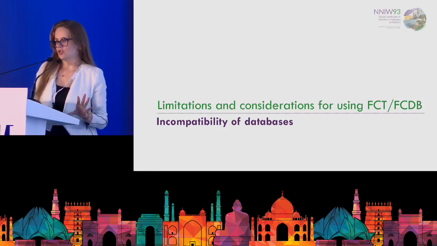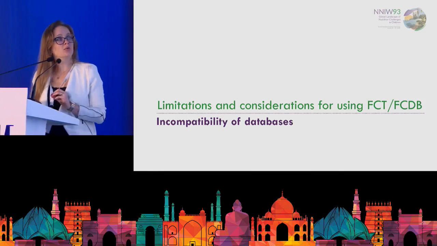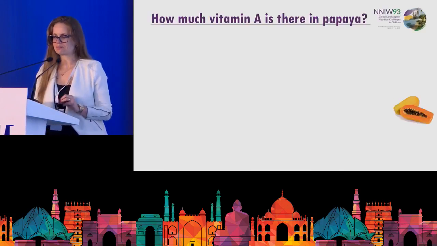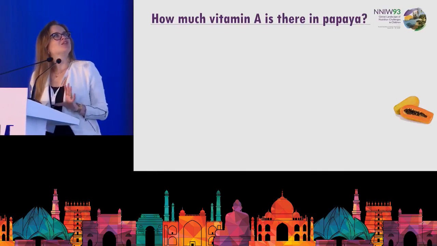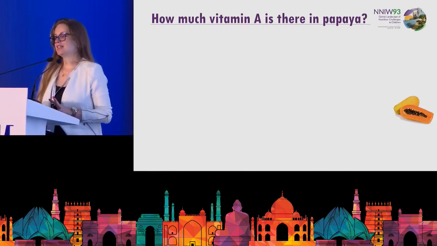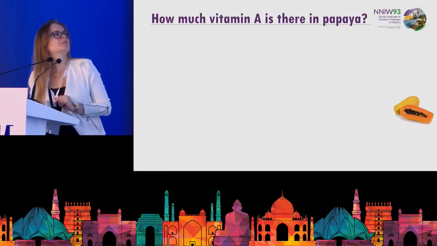So here I'm going to talk about some of these limitations. The first one is incompatibility of databases. To exemplify, if we make a very simple question, how much vitamin A is there in papaya? That is a simple food.